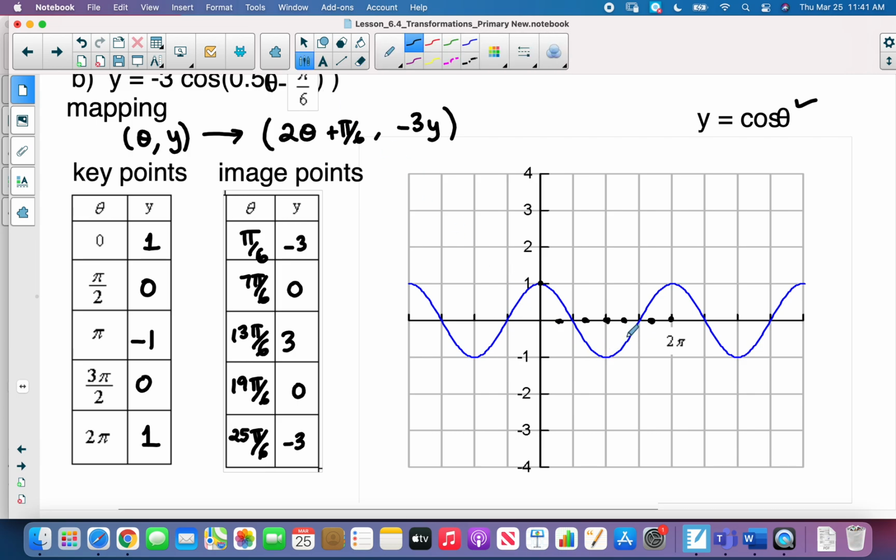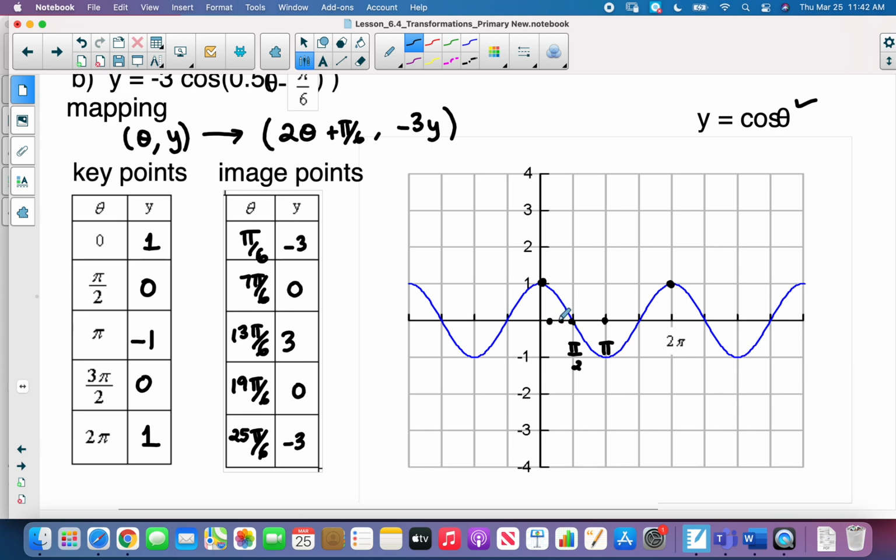Let me start over again. This is pi, and this is 2 pi. So my one cycle goes from here to here. This is pi, so there's where I went wrong. This is not 90, this is 180. So this would be pi over 2, and that would make pi over 6 right here: 30, 60, 90, going up by 30 degrees each time.